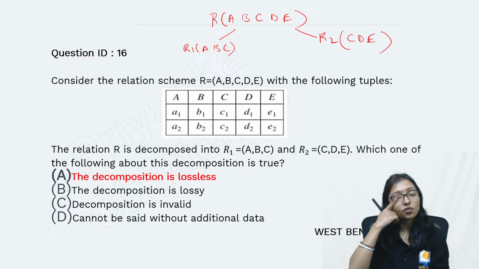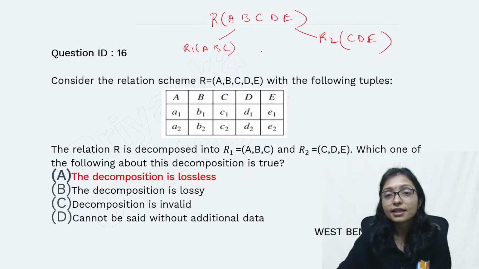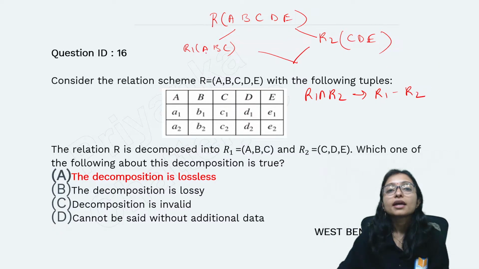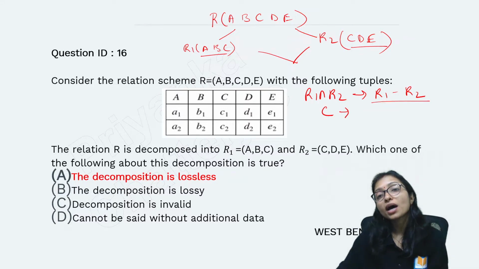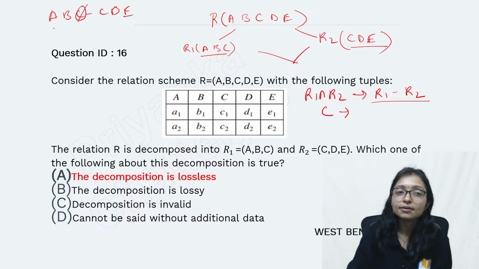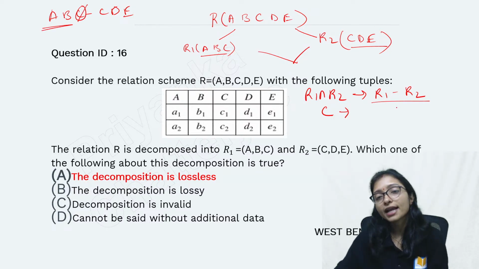Now what is my requirement? To get lossless or lossy, I need the intersection: R1 intersection R2 implies R1 minus R2. Here ABC, here CDE. What is the common? Common is C. C implies R1 minus R2, that is ABC minus CDE, which leaves AB. That means C implies AB.